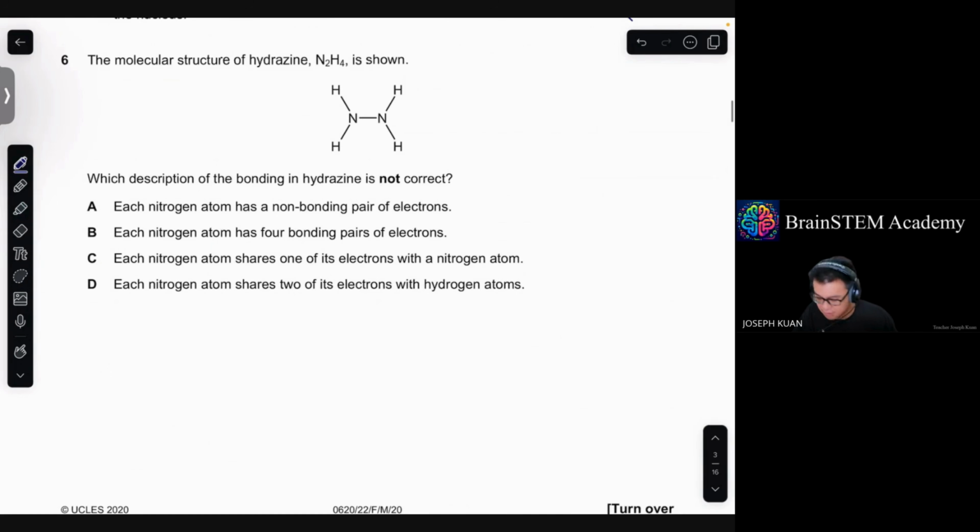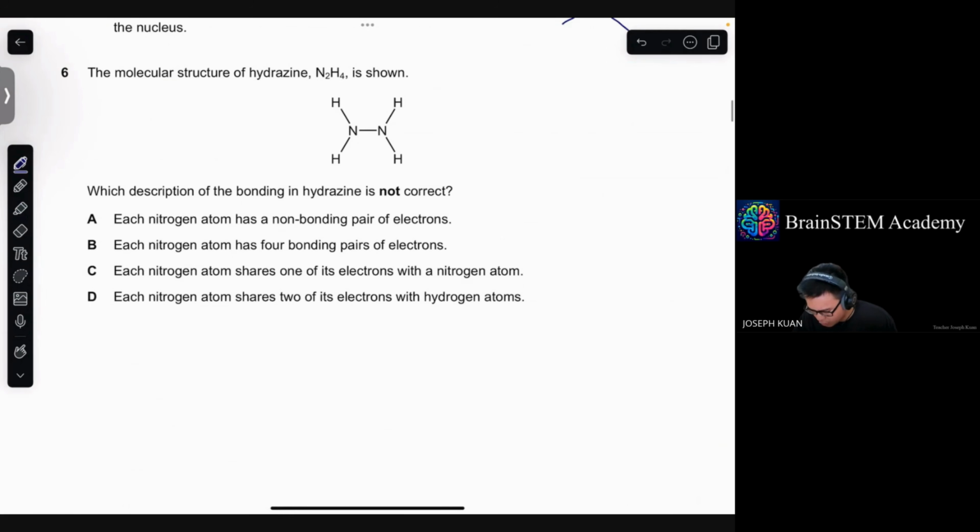Moving on, number 6, the molecular structure of hydrazine N2H4 is shown. Which description of the bonding in hydrazine is not correct? As we read the options, we can see that this question is about electrons and bonding pairs. So let's just identify that first.